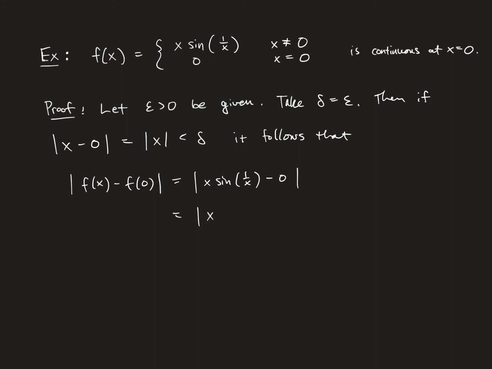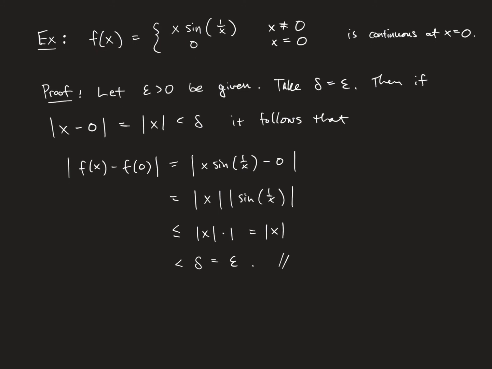That's absolute value x times sine of 1 over x. That's less than or equal to absolute value of x times 1, which is absolute value of x. That's less than delta, and delta is equal to epsilon by definition. Okay, so just showing you how the game is played.